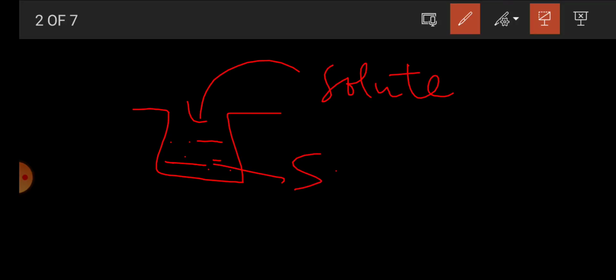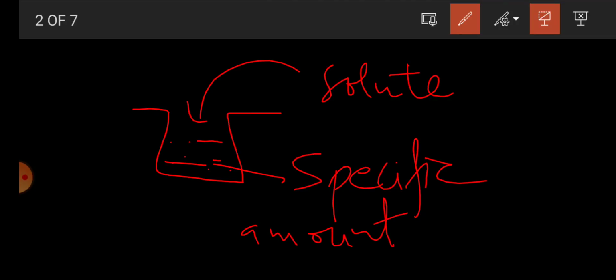So if you have solute molecules and a solvent, when we add the solute, you must decide how much solute is going to be added in a specific amount of solvent so that you can make the solution.